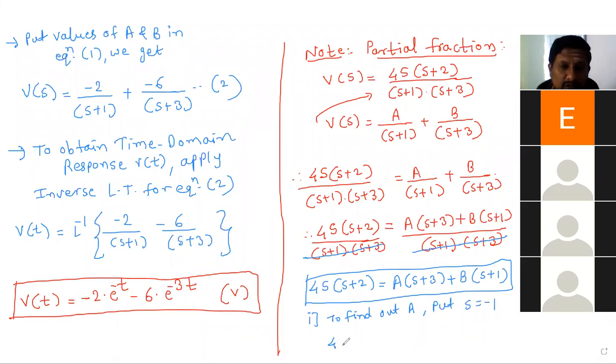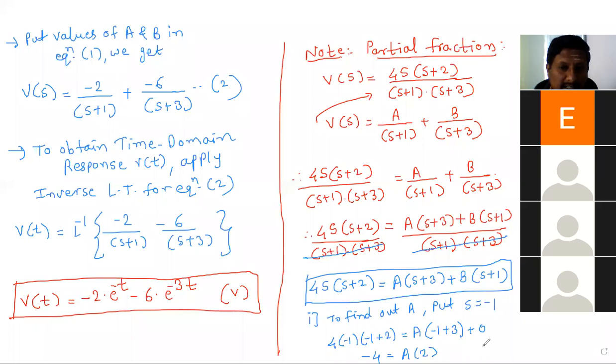So 4 into minus 1 into minus 1 plus 2, a as it is. Next s is equal to minus 1 plus 3 and this part will become 0. 4 into minus 1 into minus 1 plus 2 म्हणजे हा किती होणार, 2 मधून minus म्हणजे 1 राहिला. 1 into 4 means 4, 4 into minus 1 means minus 4 राहणार, is equal to a. Minus 1 plus 3 means it will give 2.